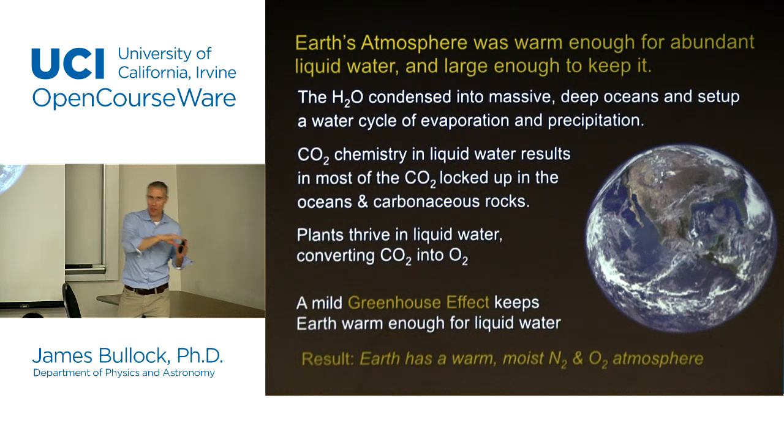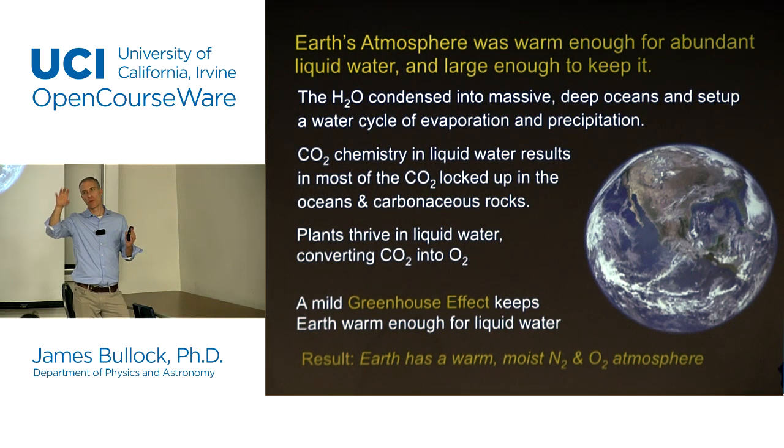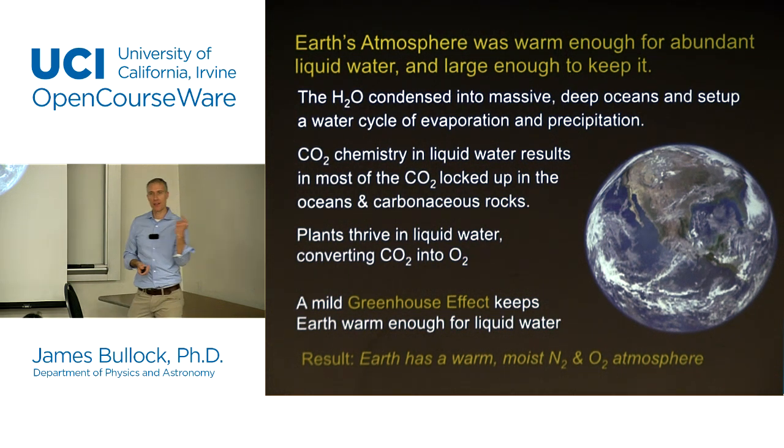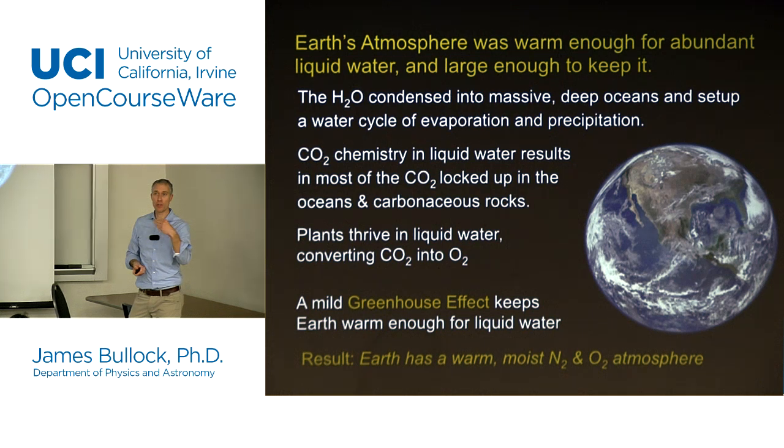Over the long-term cycle of the sun getting brighter, the long-term carbon dioxide cycle in the atmosphere has allowed us to adjust and maintain conditions for liquid water. So it's an amazing thing that it's stabilized over those long periods to allow liquid water for so long.